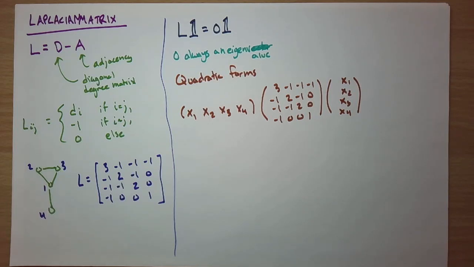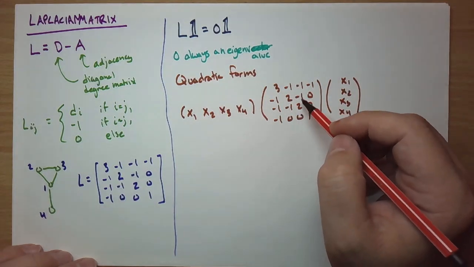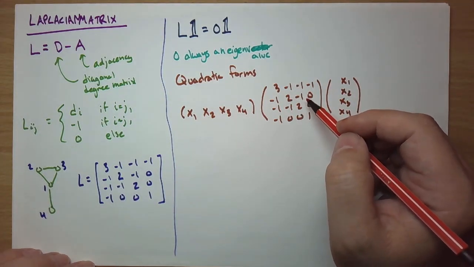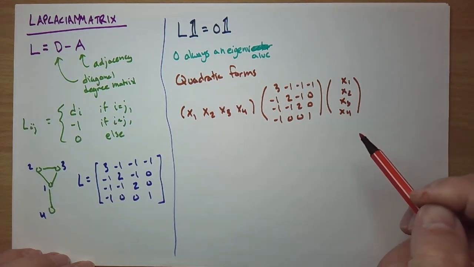Well, look, if I look at the ij entry here in the Laplacian matrix, I'm going to multiply it by xi and by xj.